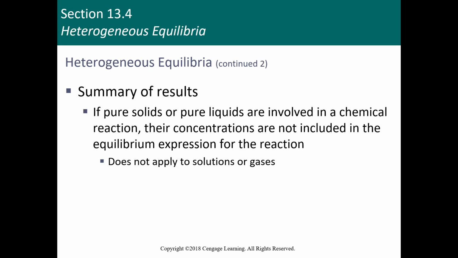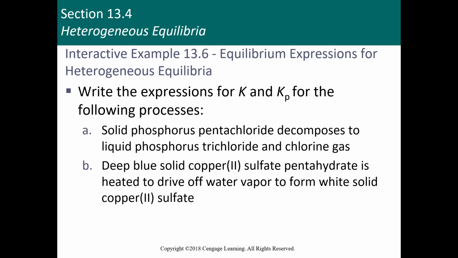They're solids and liquids, right? They're pure substances. Now, if a pure solid or pure liquid is involved in a chemical reaction, its concentration is never included in your equilibrium expression for the reaction. Notice that for solutions and gases, this does not apply. Solutions and gases are the ones that are always put into a chemical equilibrium expression.